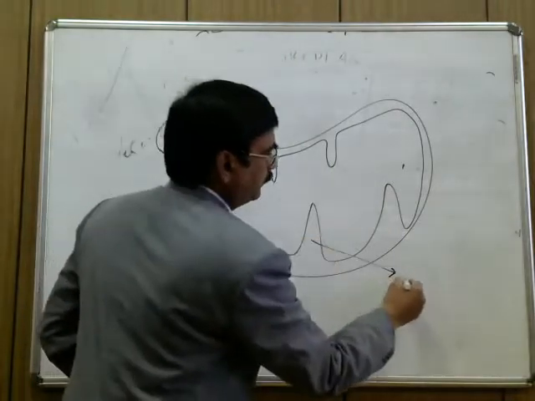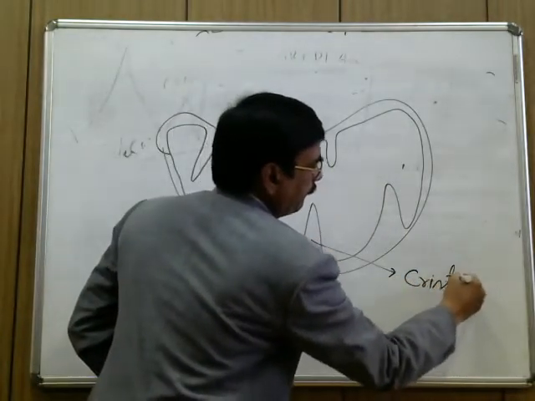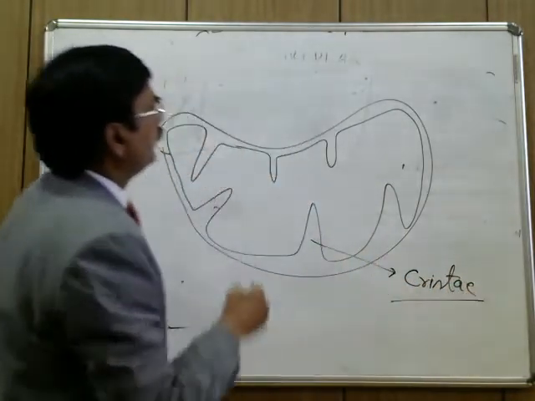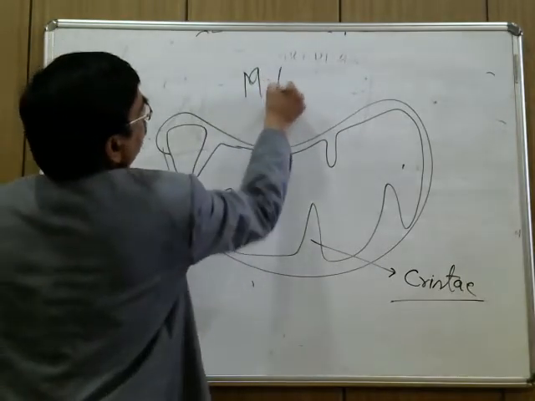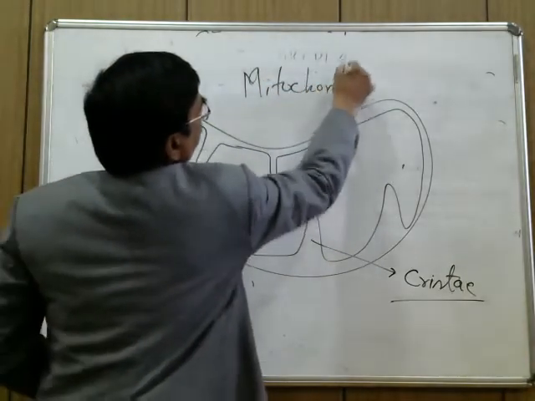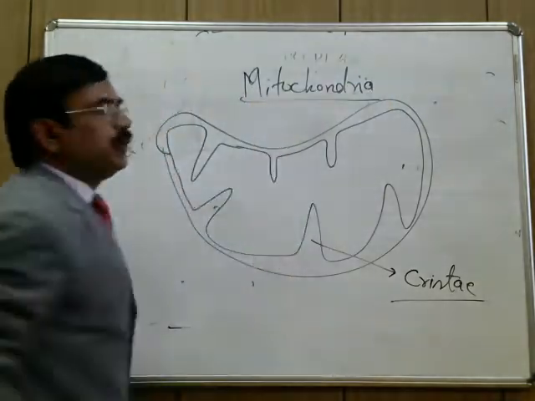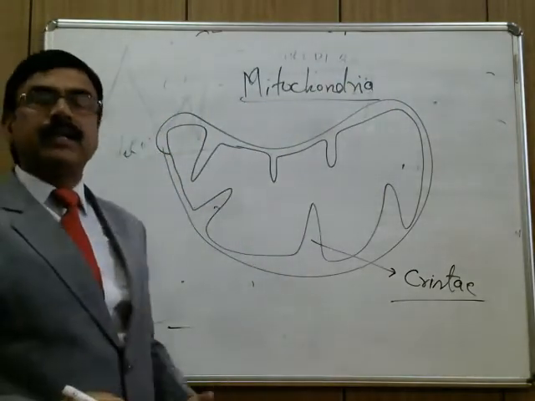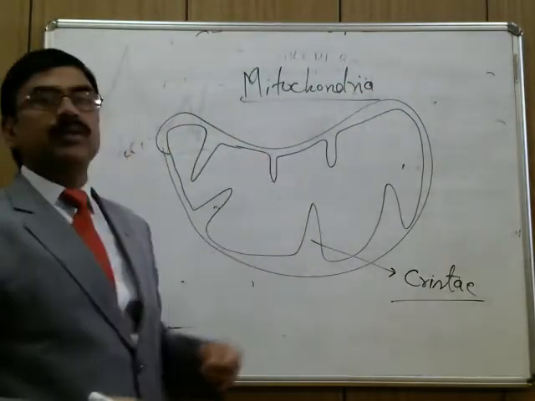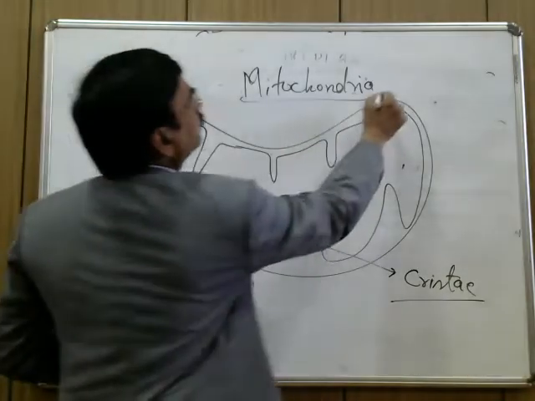Look at this. Mitochondria is the powerhouse of the cell. This mitochondria is surrounded by two membranes.